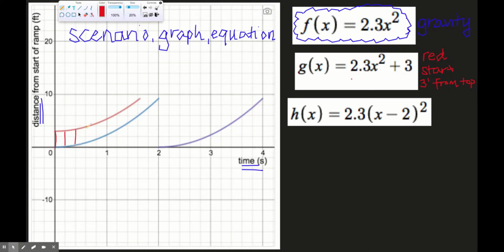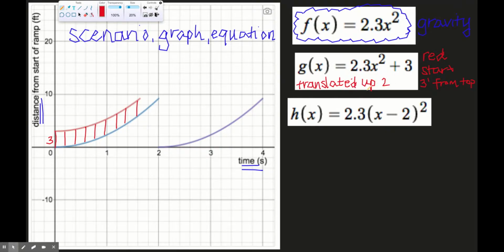If you look at the distance between these two curves, it might look like they're getting closer together, but they're actually not. It's just that the blue one goes on for a little while longer. These two graphs are always 3 units from each other. So the red graph is just the blue graph translated up.